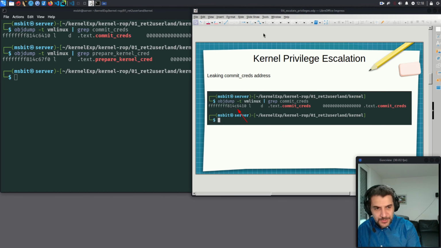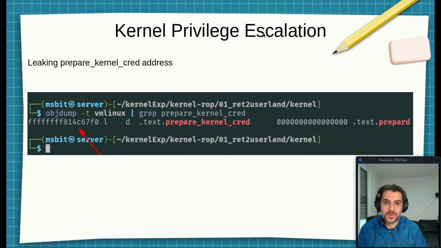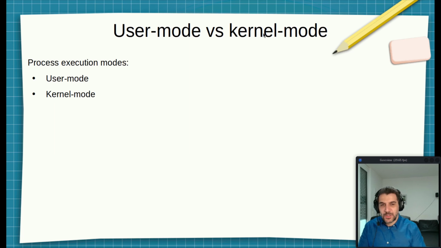Okay, let's go back to the presentation. We now have the addresses of both of them. The second step now is returning to user space. Usually, a process in Linux runs in two different execution modes: either in user mode, where normal applications run, or in kernel mode, where the operating system or privileged code is executed.